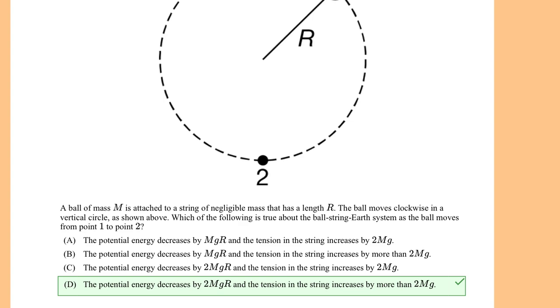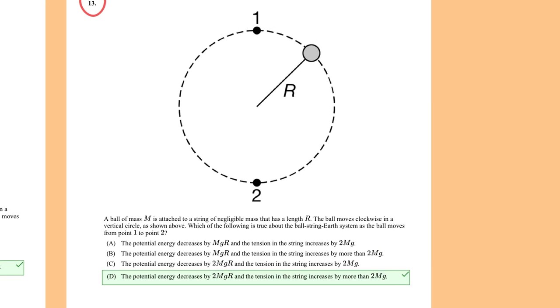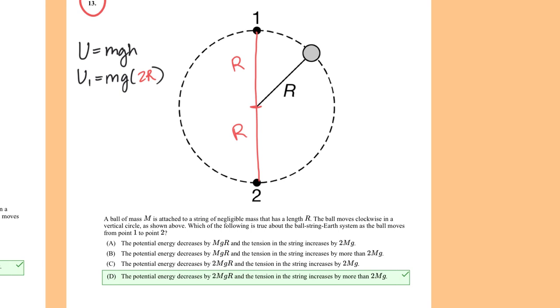So let's start with potential energy. Whenever I get from 1 to 2, I know that U will equal mgh. So U at 1, we have mass, gravity, and some sort of height. What is this going to be? This height is going to be 2r, because the radius multiplied by 2 is going to be the height of 1.